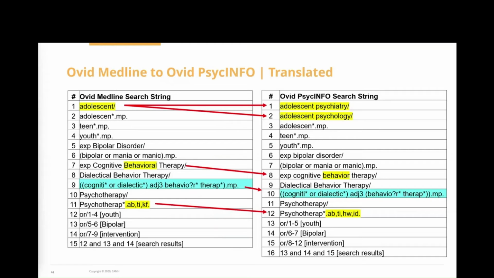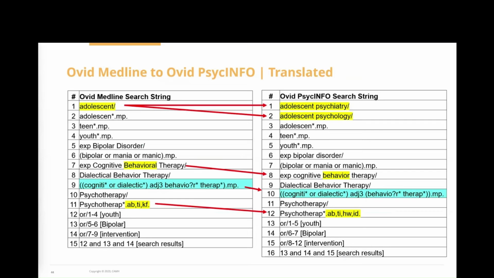Now, we didn't show this example, but if you look at line 7 on the left, the medical subject heading for CBT is cognitive behavior therapy. In line 8, the right column, the equivalent subject heading in PsycINFO is cognitive behavioral therapy. The difference is behavior versus behavioral.